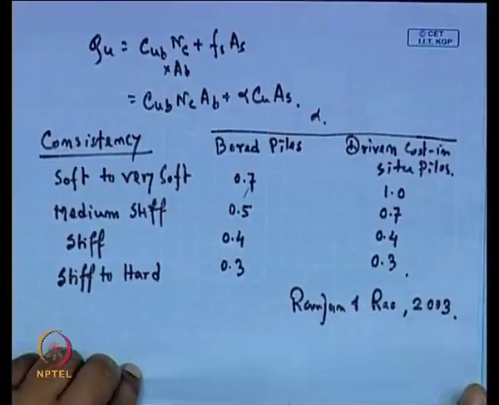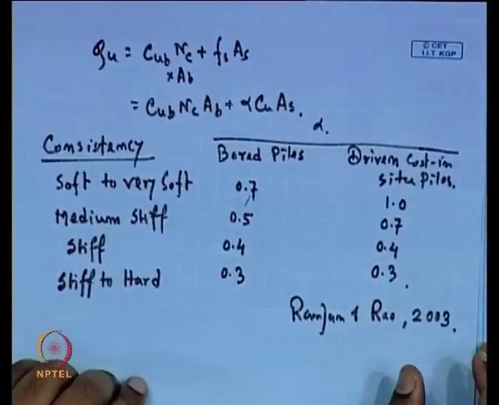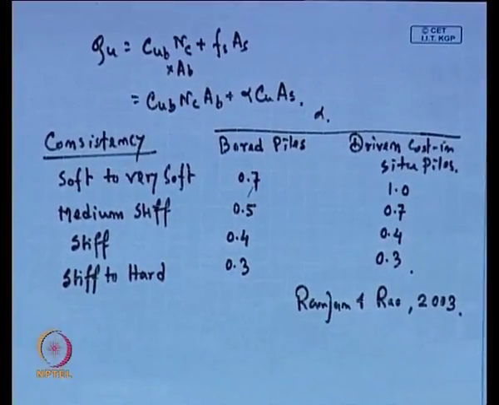Now, in this section I have discussed the different types of piles and how to calculate the bearing capacity of the pile. So, we are talking about single piles. Actually, in the field the piles are used as a group.